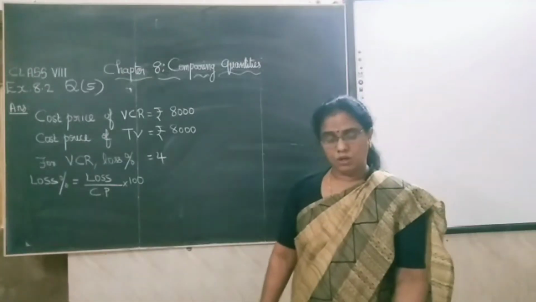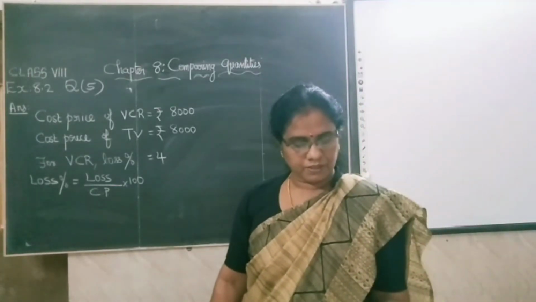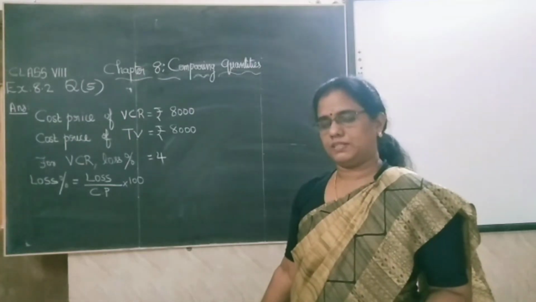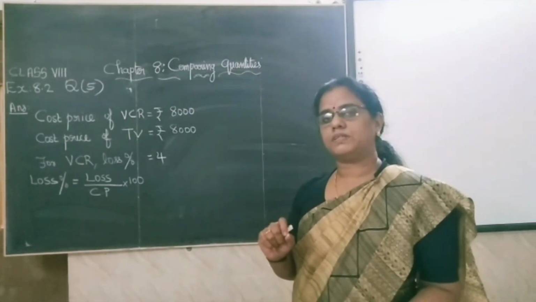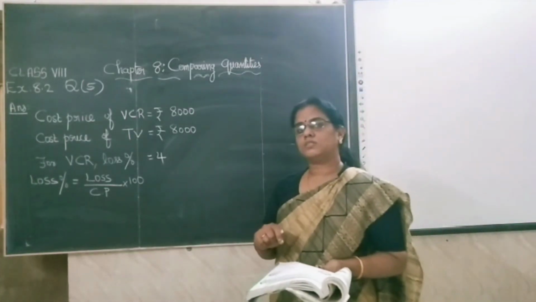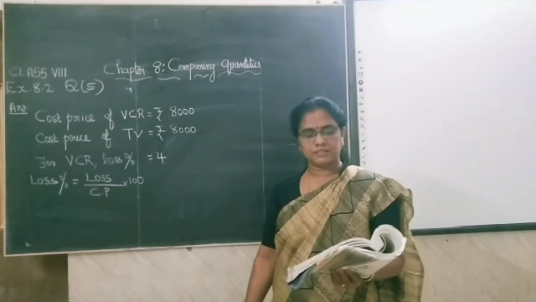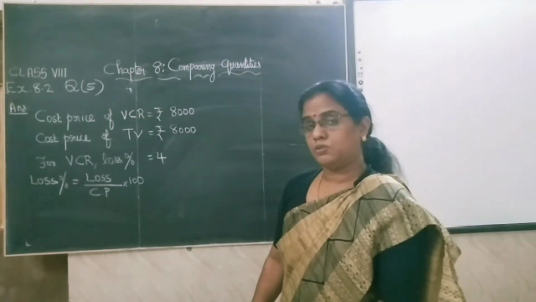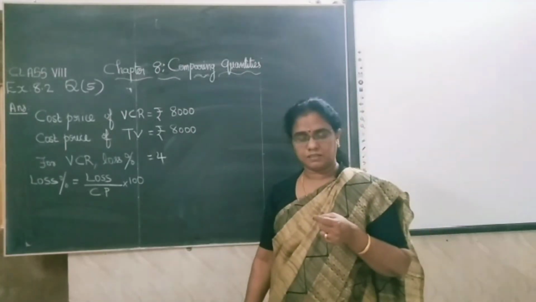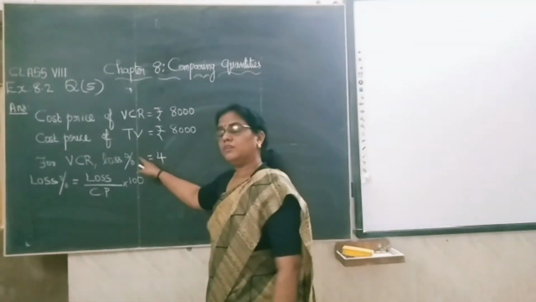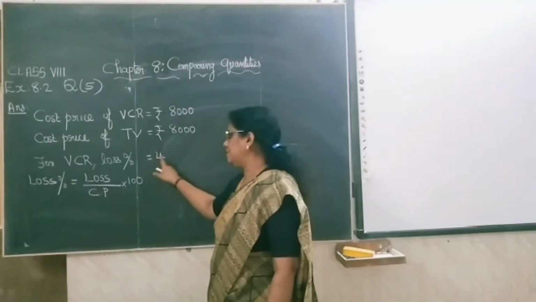And loss percentage for VCR is, that is loss of 4%. If the loss is given in percentage, that means it is loss percentage. So loss percentage of VCR is 4, or loss of 4% on VCR. So here I have written for VCR loss percentage is 4.